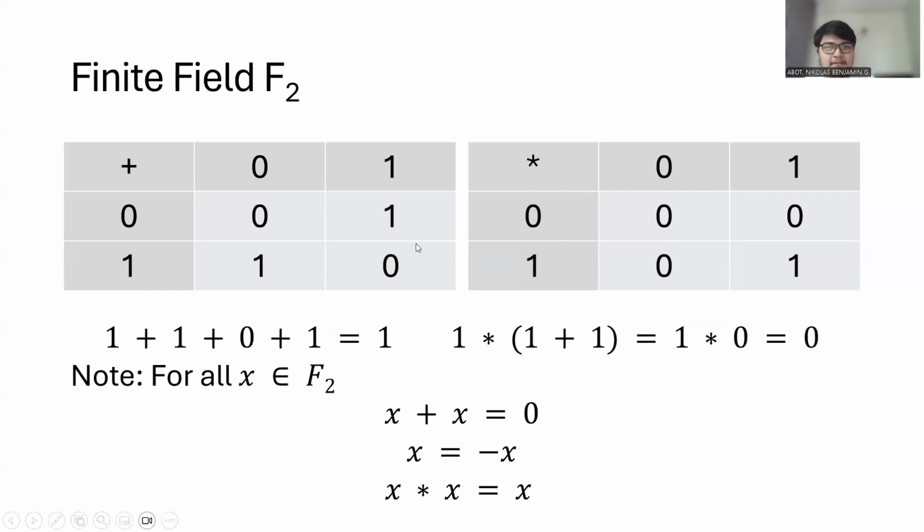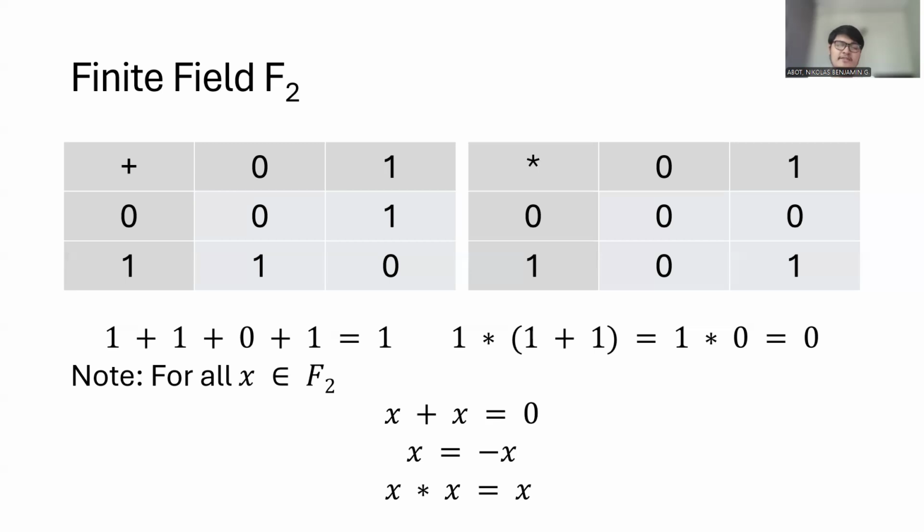In our case, the particular field that we will be considering is the finite field F2, where the only elements are 0 and 1, and addition and multiplication are given as above. Note that this means that if there's an odd number of ones, the sum is 1, while if there's an even number, it's 0.